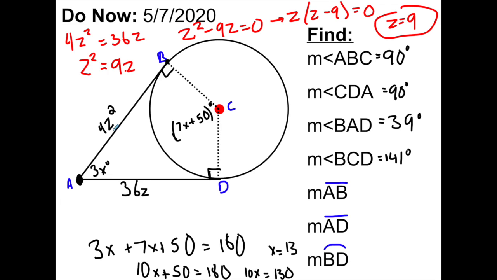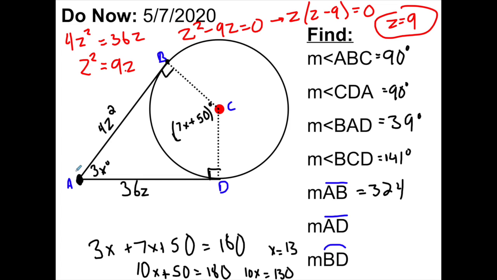So I plug in 9. I do 9 times 9, so 9 squared, times 4 for AB, and that's 324. Remember, these are lengths, so there's nothing they have to add up to as long as they're equal.